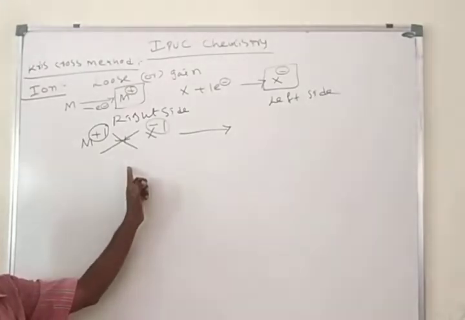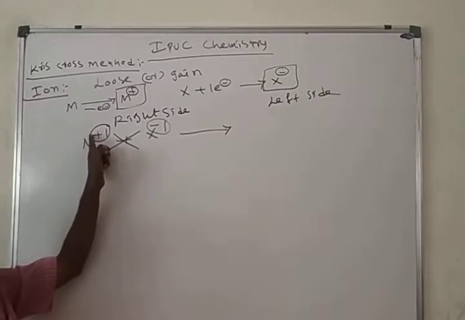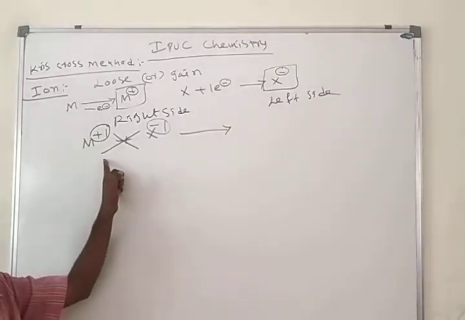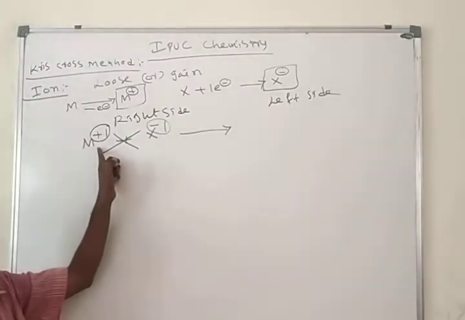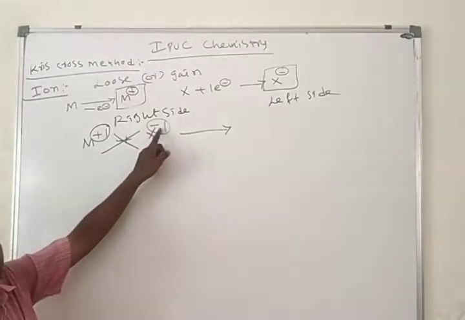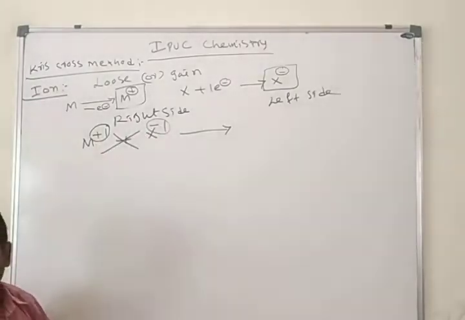What is the meaning of subscript? This area we call subscript, and this area we call superscript. Above the atom is superscript, below the atom is subscript. Write the charge numbers as subscripts. What is the charge of this one? 1. What is the charge of this one? 1. Don't write plus or minus.